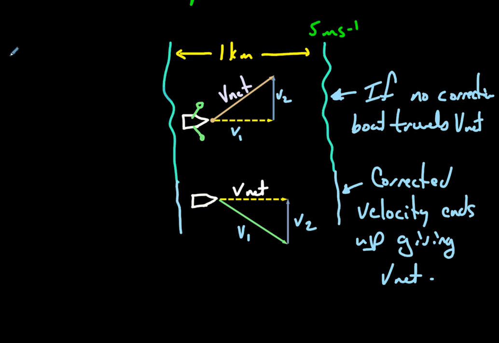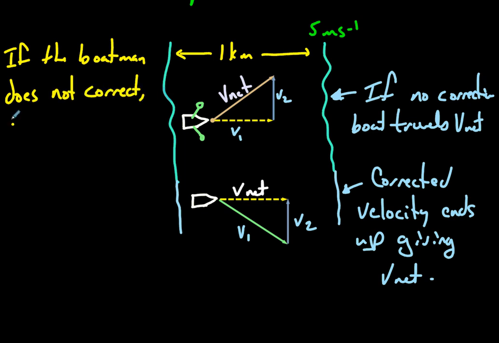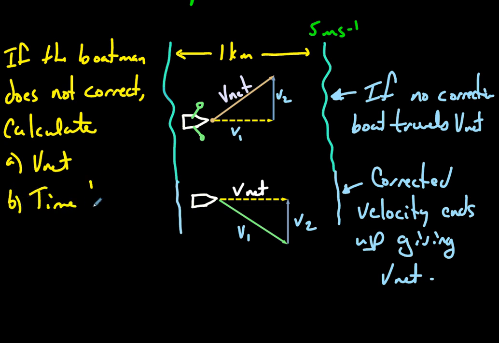You might get asked a problem, say something like, if the boatman does not correct, calculate A, v net, B, time to cross.